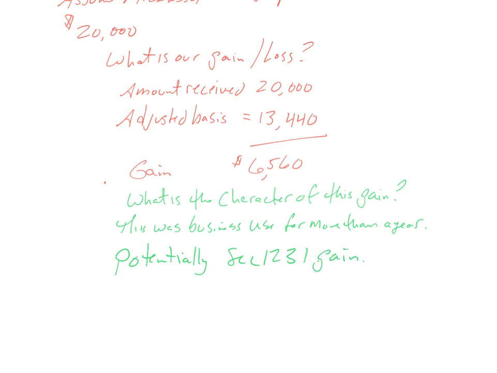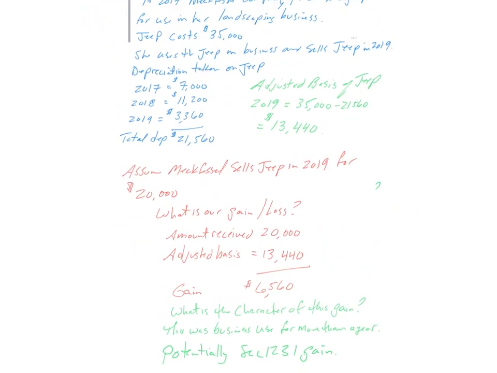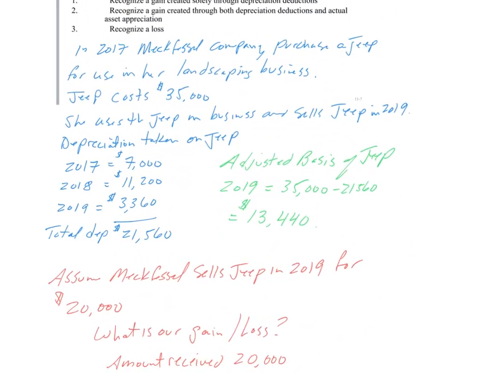All right. But what do we have to do? Well, what we have to do is we have to look at the amount of gain and where did that gain come from? All right, so let's take 1 minute and we're going to pull back everything and we're going to look at our beginning facts.